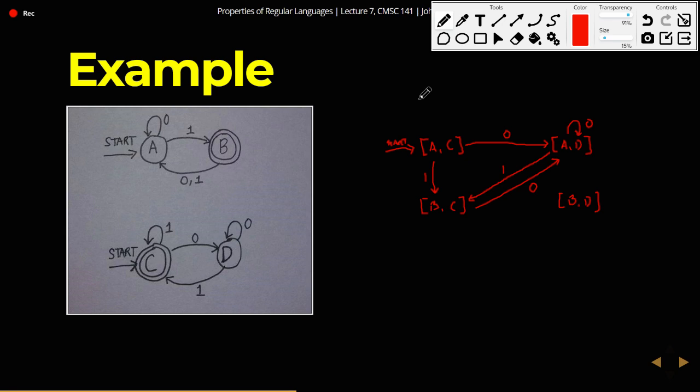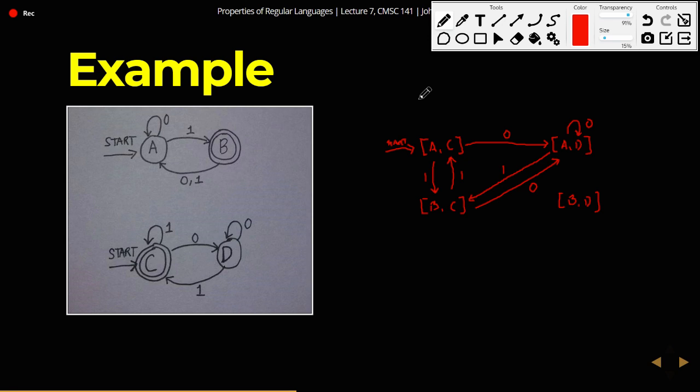Okay, and then on 1, B goes to A, and then C goes to C itself. So that would be AC on 1. So we'll go to AC on 1.